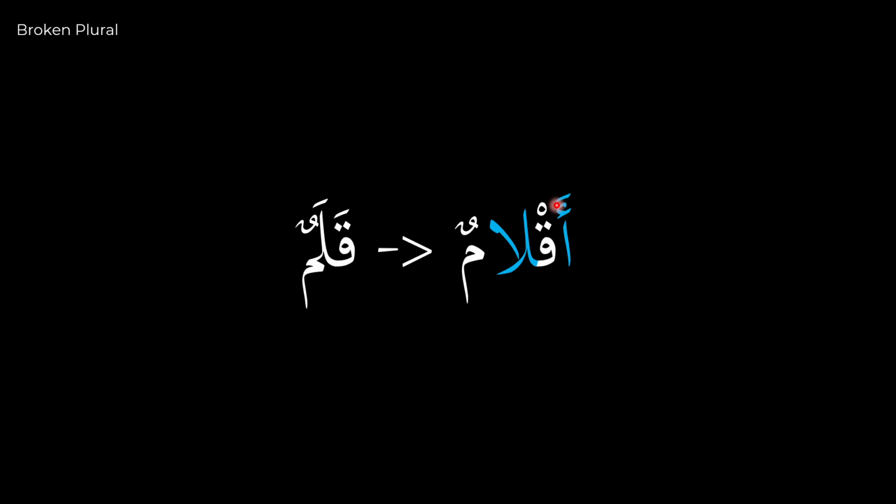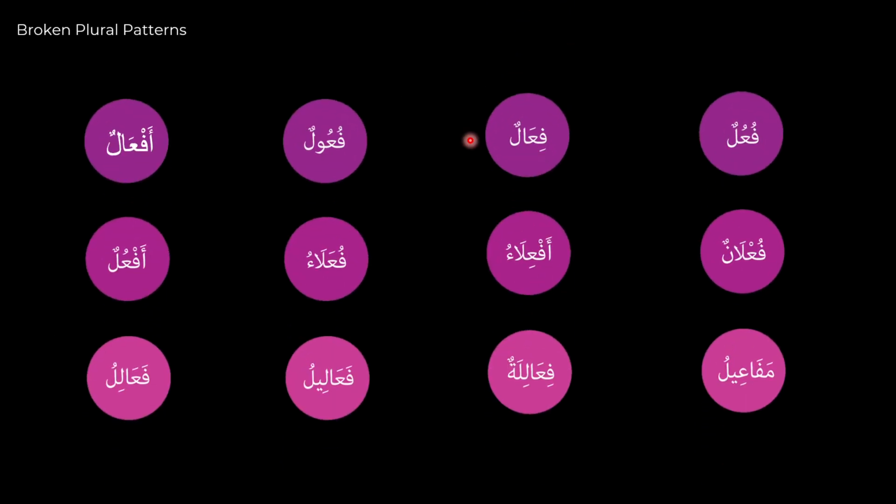Now, when it comes to broken plurals, a lot of it you'll understand and know through experience. The dictionary will definitely tell you, if you search up a word, whether it uses the sound plural, or it will provide the broken plural. But a lot of them can be linked to the following patterns: fu'ulun, fi'alun, fu'ulun, af'alun, fu'lanun, af'ila'u, fu'la'u, af'ulun, mafa'ilu, fi'alilatun, fa'alilun, fa'alilu.